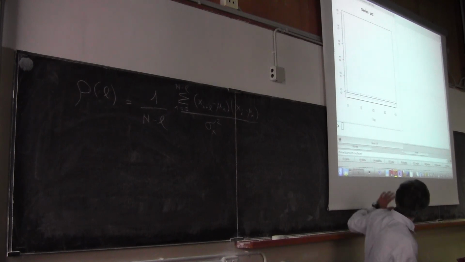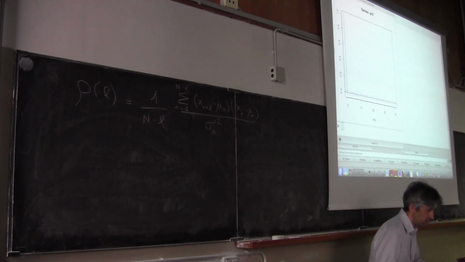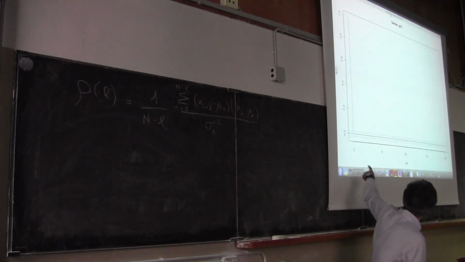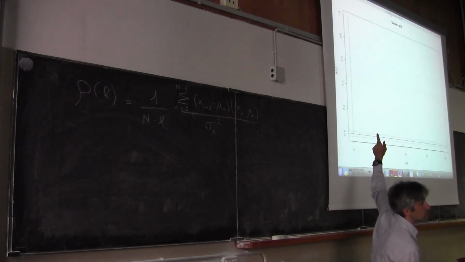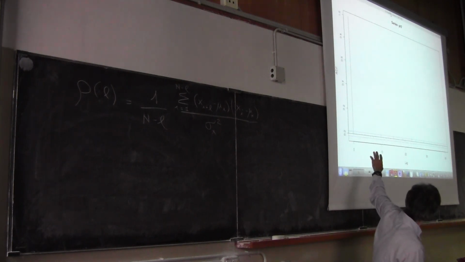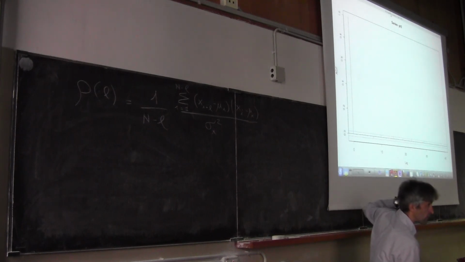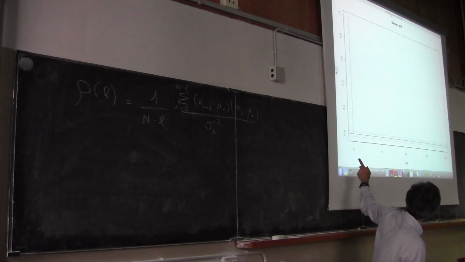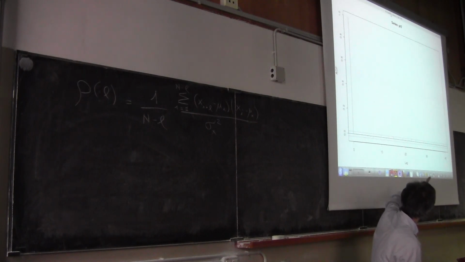Okay, you see what's going on here. First of all, you have that for L equal to 0, you get 1. Fine, this is what we were expecting. Let's forget about the blue lines around the 0 value. And what you get here is a sequence of values. You see, they are very close to 0.